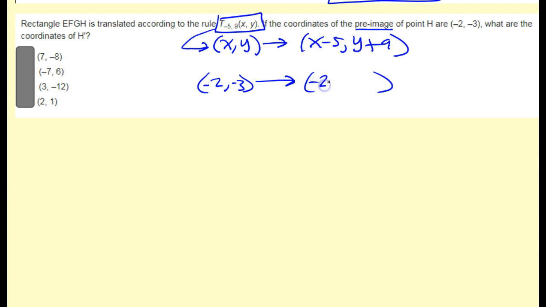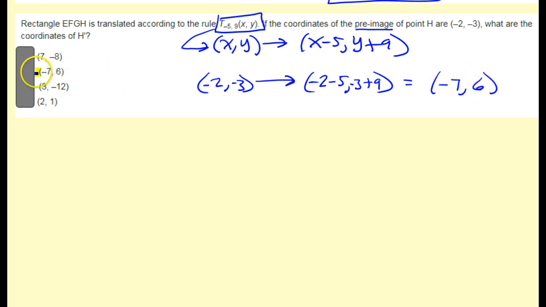So we will do negative 2 minus 5, and we will do negative 3 plus 9. Again, if they had given us the image, then we would do the opposite. But in this case, this is just going to be negative 7 comma positive 6.